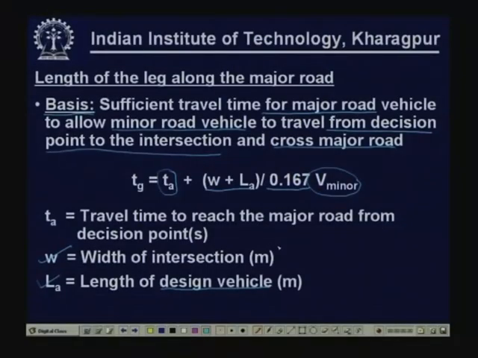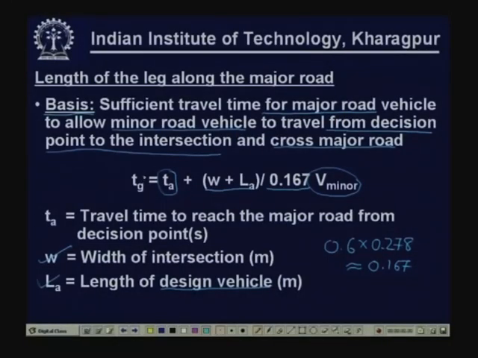So, the correction factor becomes 0.6 multiplied by 0.278, which is approximately equal to 0.167. So, it becomes the effective speed after reduction of speed to 60%.